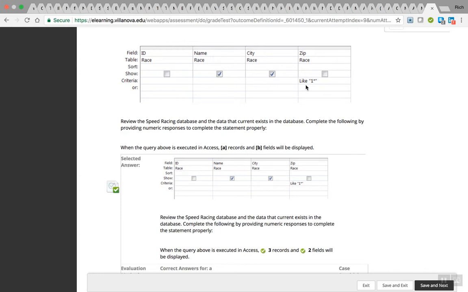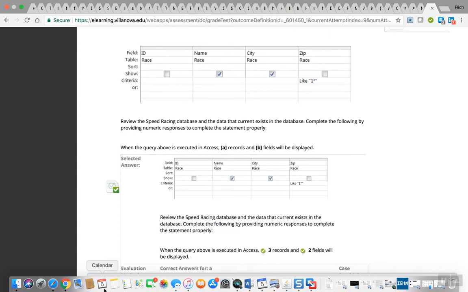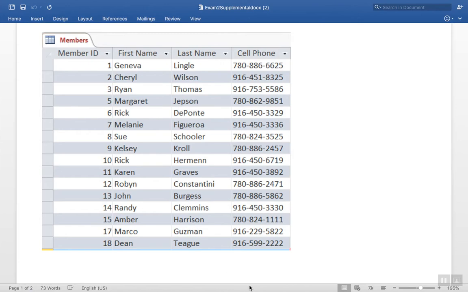And then the criteria is anything that is like one star, which means anything that begins with the number one in the zip code field. All right, so let's take a look at the table again, at the data that would match this.